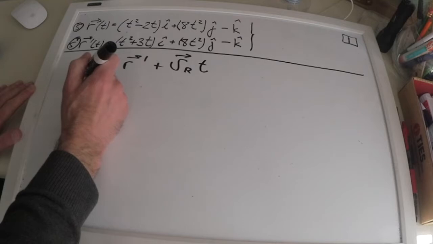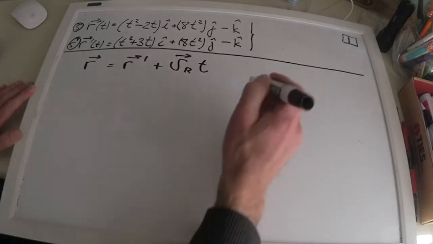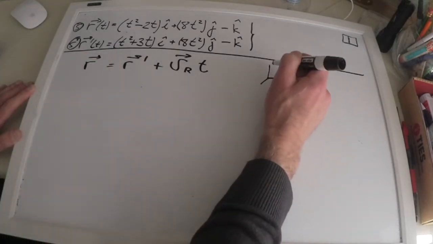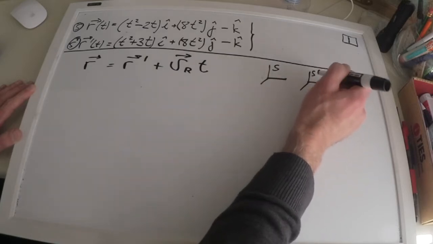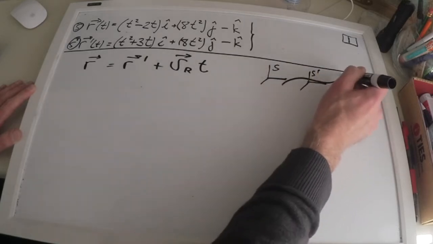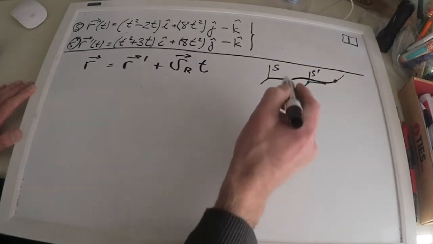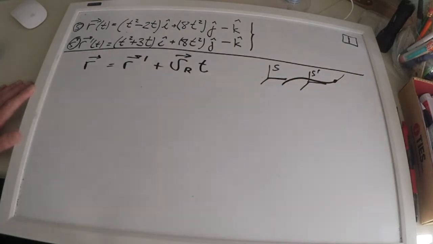So we can consider that we have the following reference frames. This is reference frame S, and then we have reference frame S prime that are observing the motion of this particle, and they want to describe the motion of the same particle.